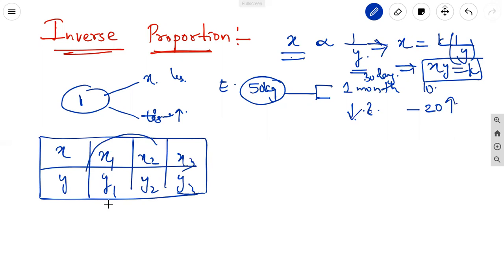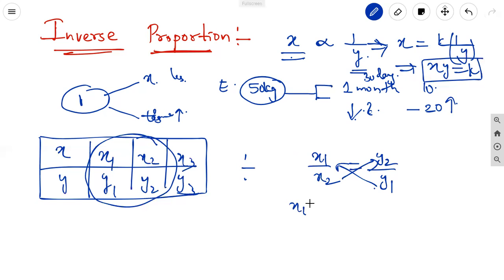Here we can take the relation x1 by x2 equals y2 by y1, and cross multiplying gives x1 y1 equals x2 y2. That is the inverse relation.